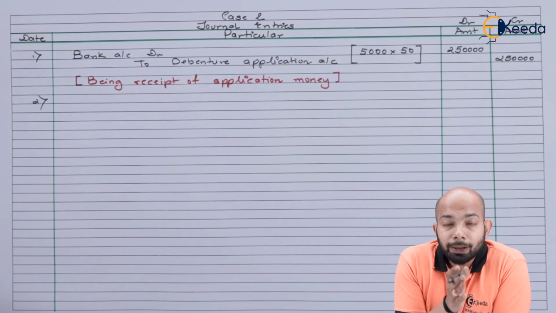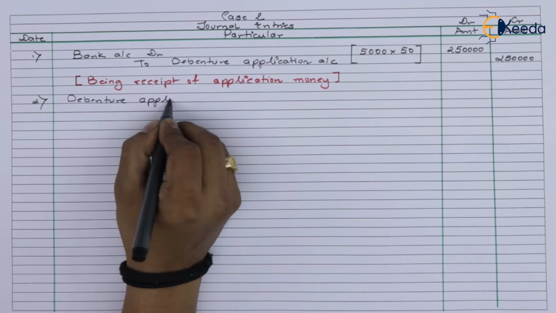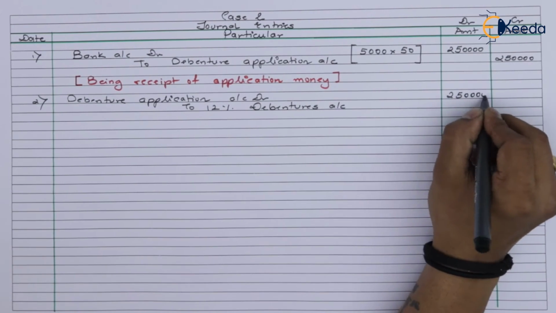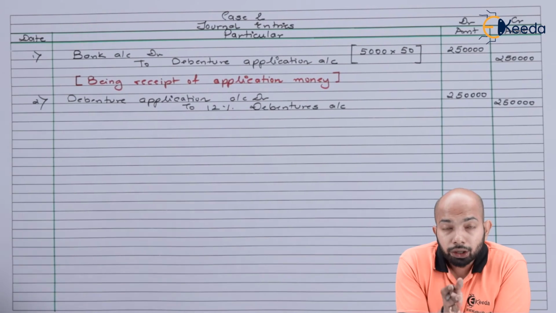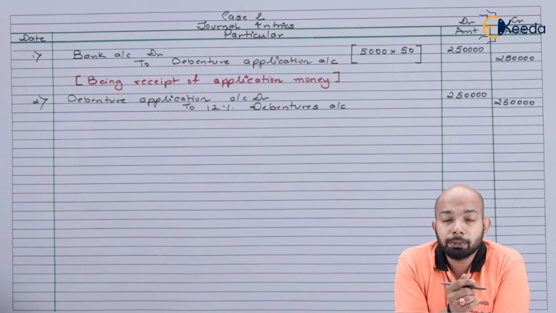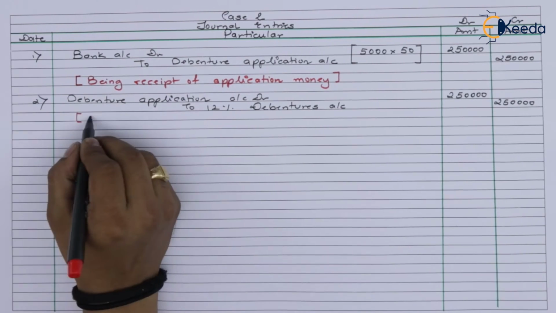Now, whatever application money we have received, you have to transfer it to the debenture account. So let's transfer that. So whatever entry we have mentioned here, debenture application account debit to 12% debenture has been mentioned. Now let's figure out the total narration here.